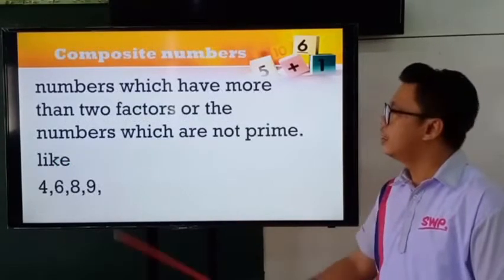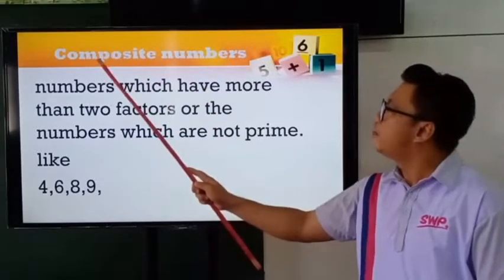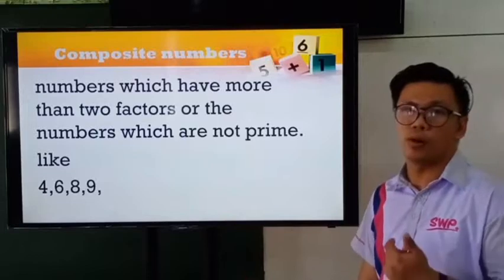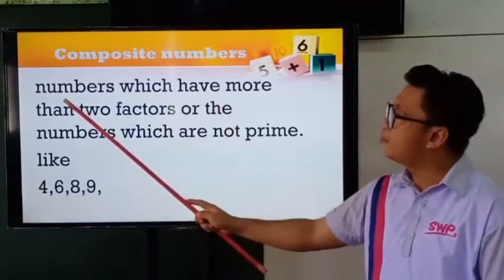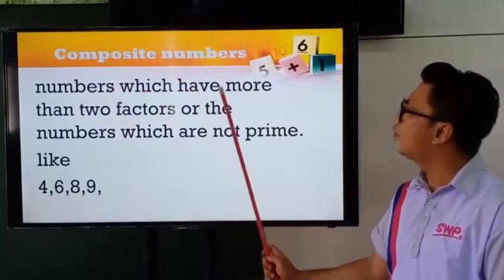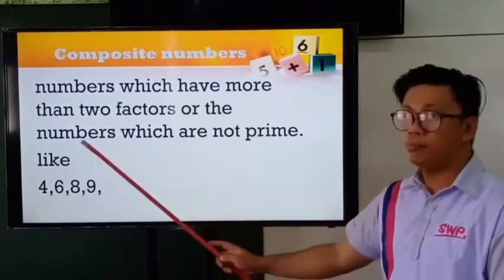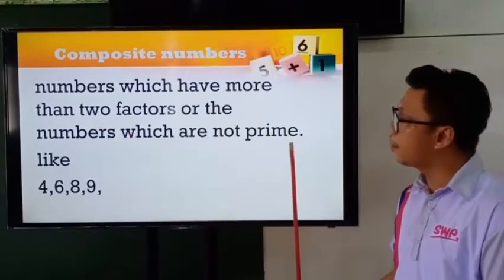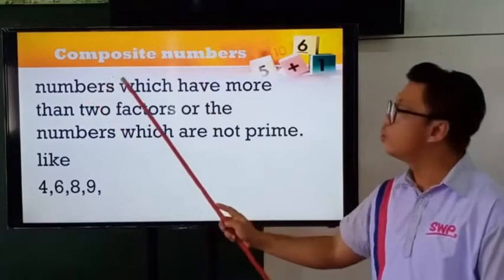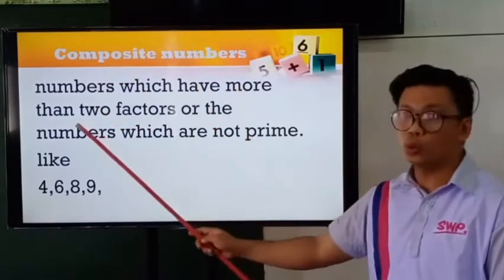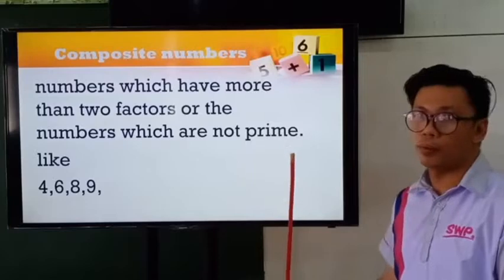Understand? Okay, let's go to composite numbers. So what is a composite number? Let's read. When we say composite number, these are numbers which have more than 2 factors, or numbers which are not prime.